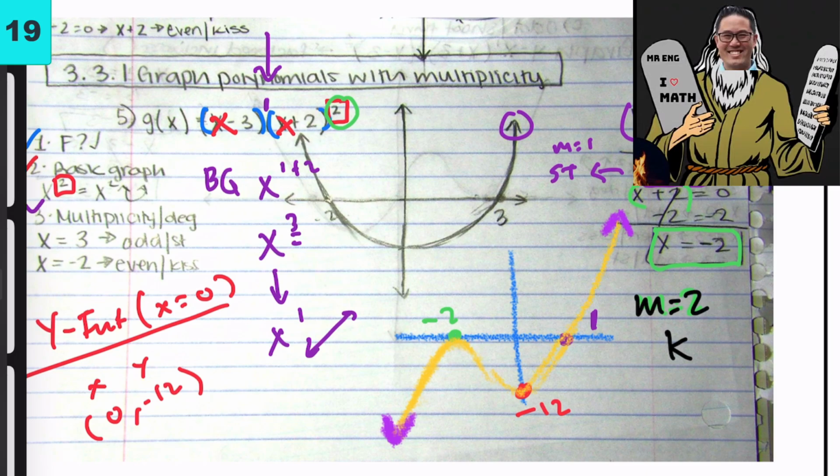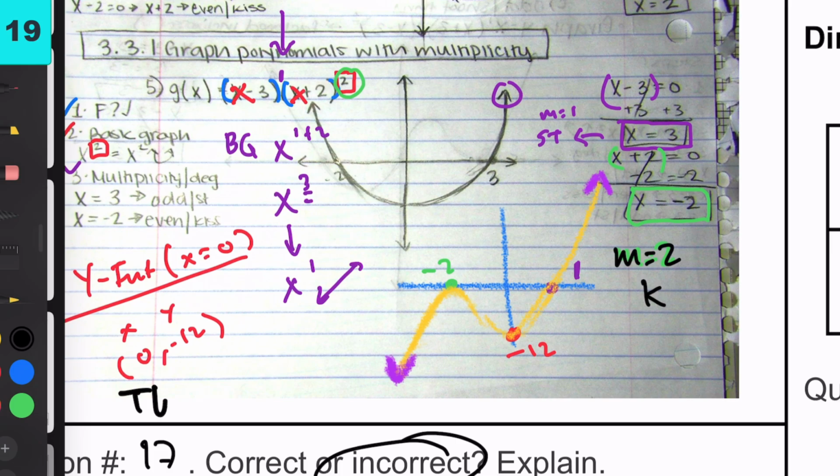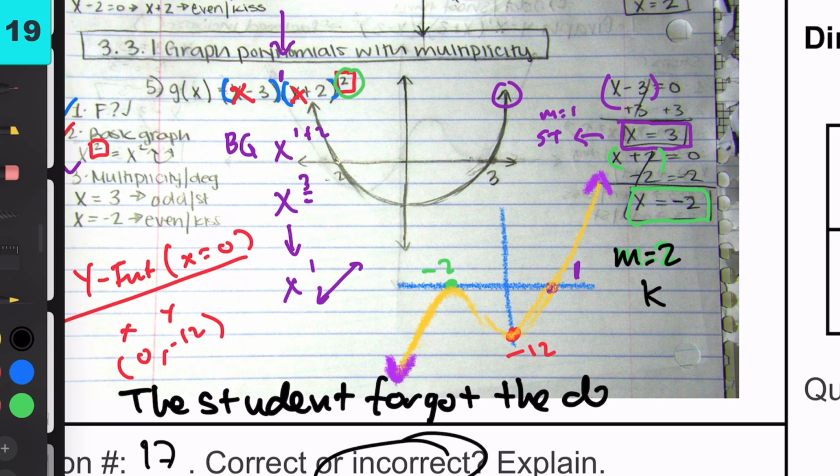Okay, so let's write the mistake the student made. The student forgot the degree to the factor.